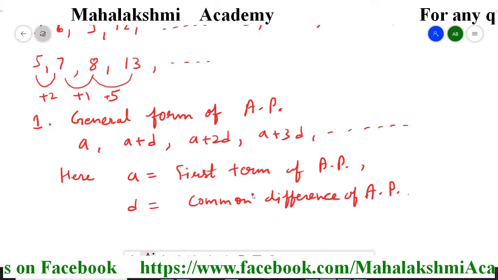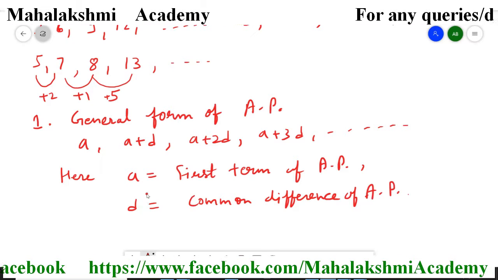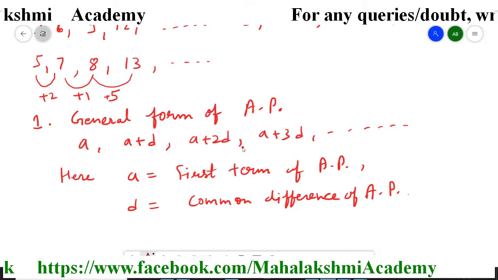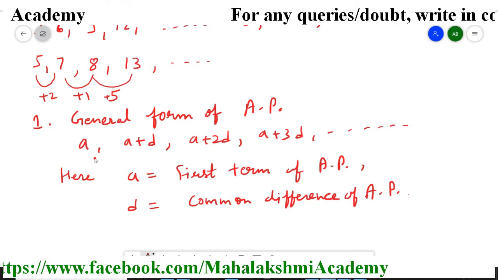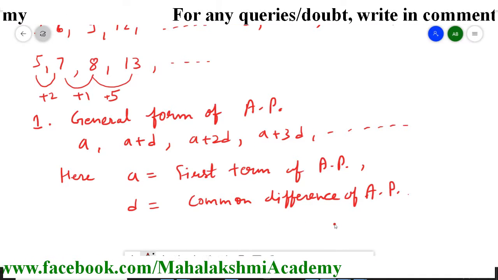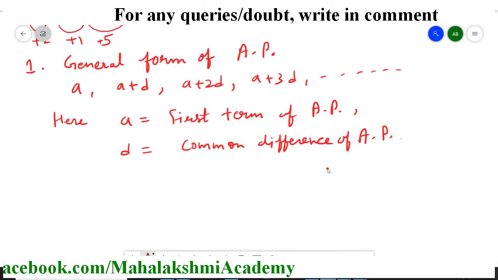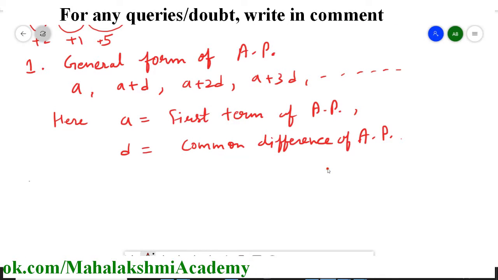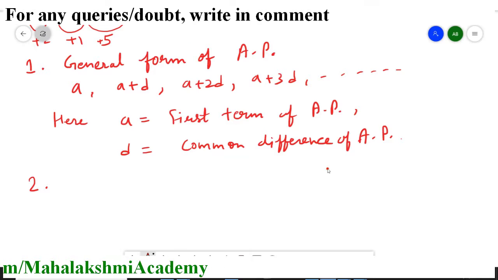These are the standard abbreviations which we have to learn. So it's a formula for the general form of an AP, where a is the first term and d is the common difference. Now we are going to use some other formulas also, which I am writing one by one.